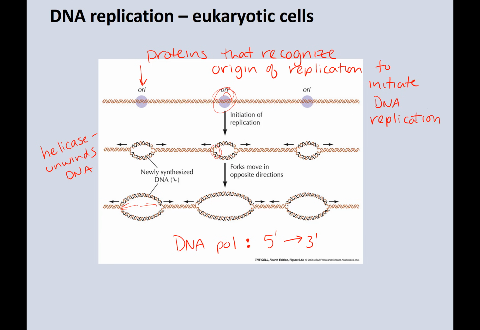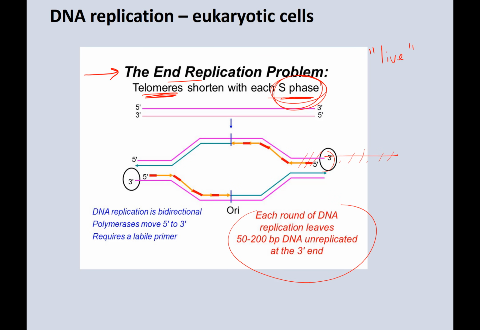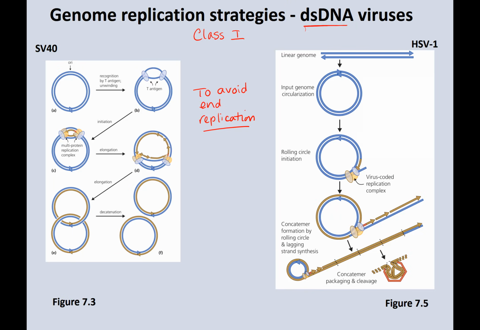Do they encode their own DNA polymerase? How is the origin of replication recognized? Those are all proteins encoded by the virus. What I want to focus on here is how that double-stranded DNA is copied or replicated. And the main issue is to avoid the end replication issue, which is the loss of DNA. And the easiest way to do that is to circularize the genome.